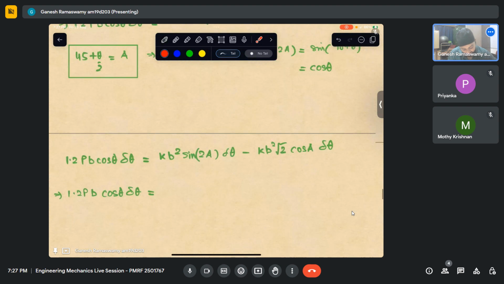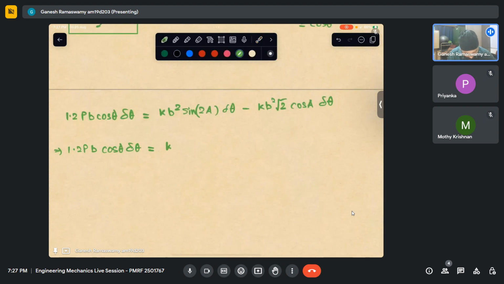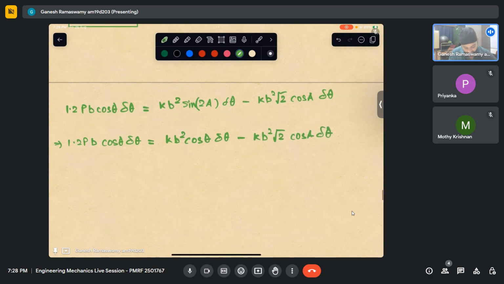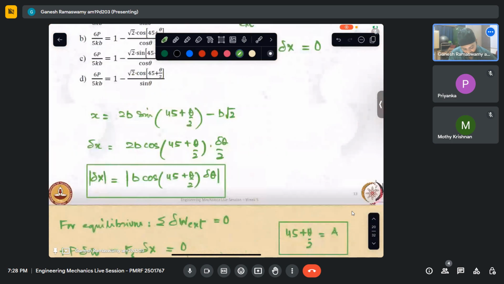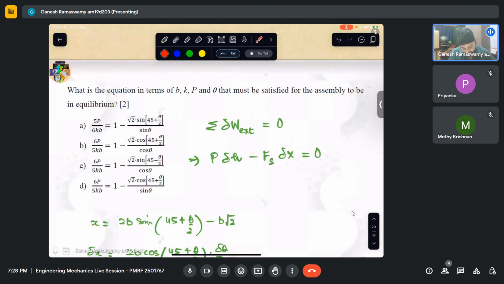So it is k b squared cos theta delta theta minus k b squared root 2 cos A delta theta. Let me keep that in terms of cos A. Now, what is it I want to get from this problem? What does it ask me? What is the equation that must be satisfied? We can see that all the theta terms have been grouped on one side and all the constants on the other side.